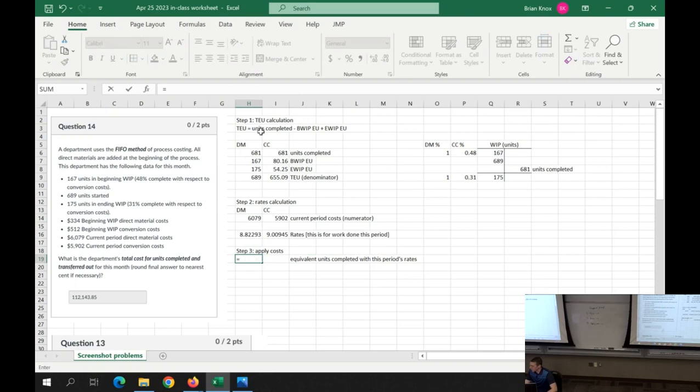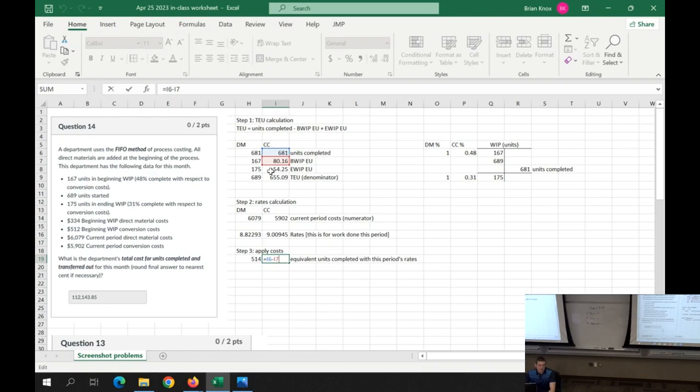Like I said, we're going to extract this idea from inside the TEU equation. Units completed minus the beginning WIP equivalent units, that 48% of 167 or 100% of 167 for direct materials, is the work we did this period, because there was a certain amount we did last period. We're excluding that beginning WIP equivalent units. Those are the equivalent units worth of work we did this period, and it's different for direct materials and conversion costs.